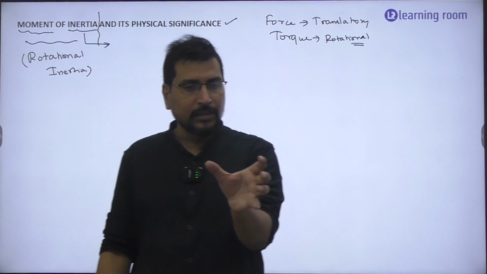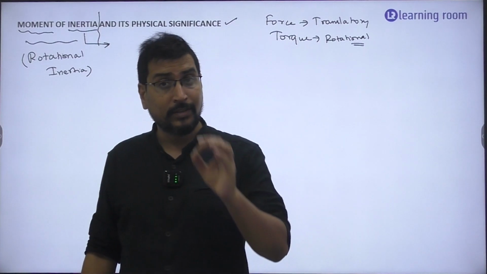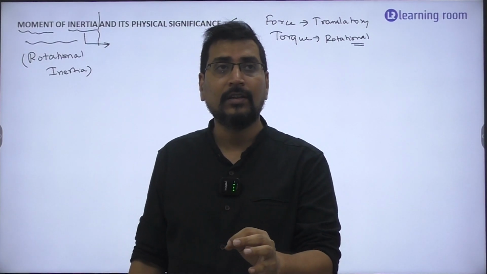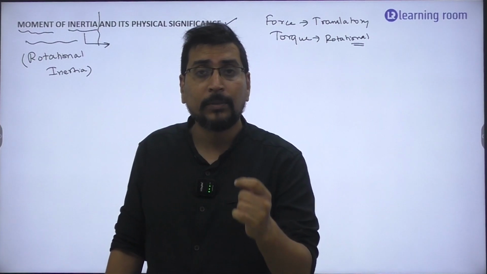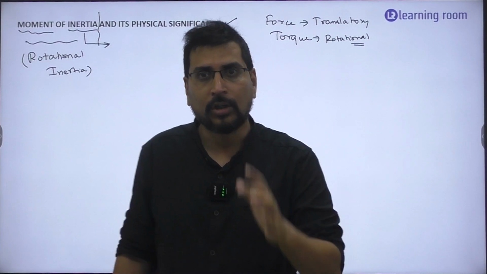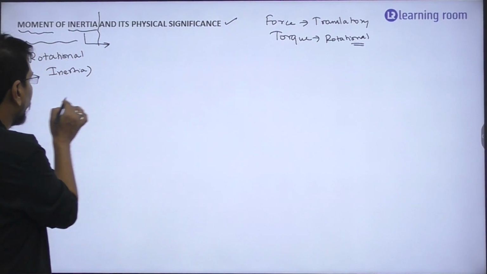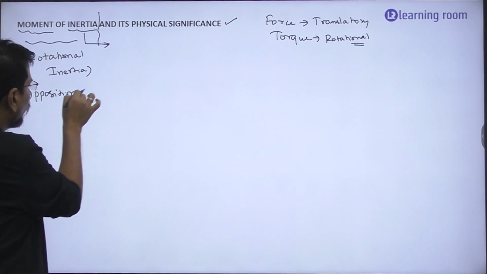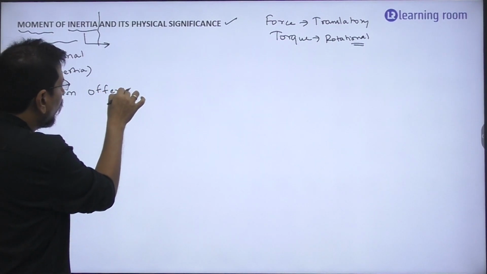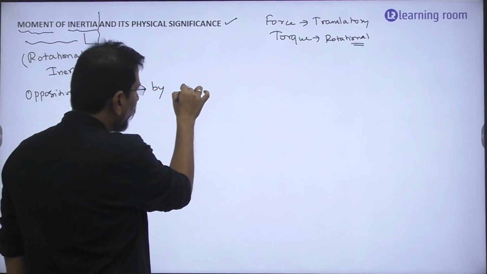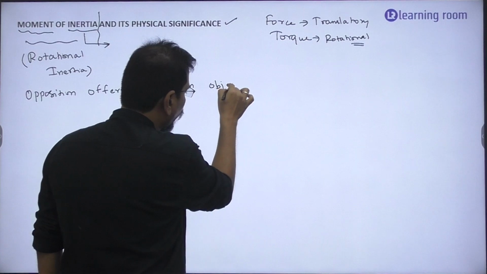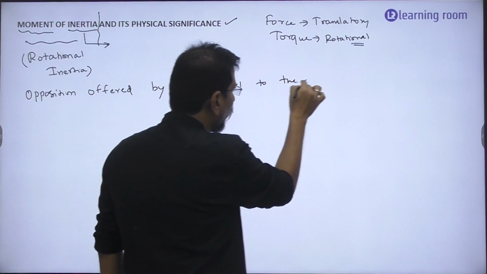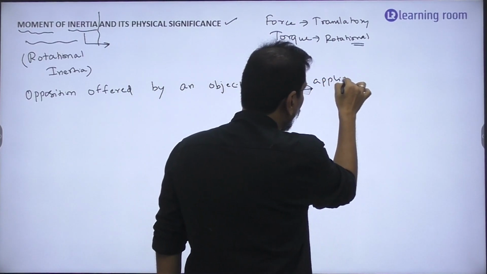Hence, if I combine the word rotational inertia, it gives me a hint stating that it is the opposition offered by the object to the applied torque. It is the opposition offered by an object to the applied torque.